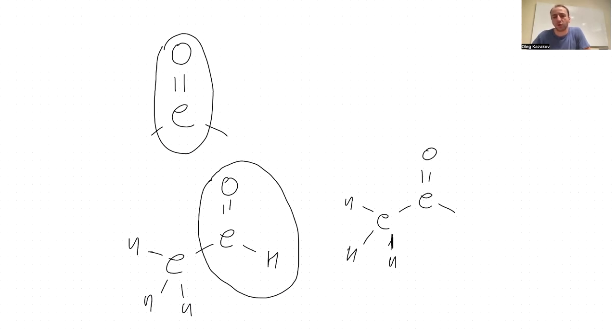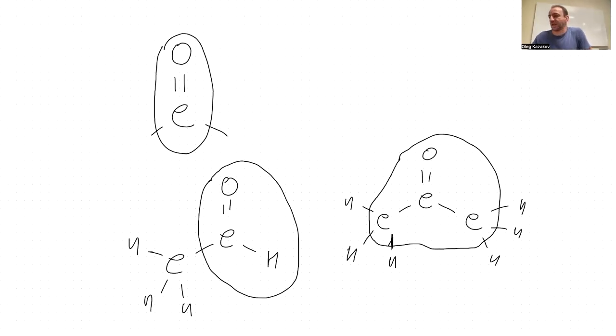But now, instead of H, we're going to have the carbon here, which in turn is attached, just as an example, to three hydrogens. So for the ketones, we are going to have this circled combination of atoms, looking like that. So that's a ketone functional group in the circle.